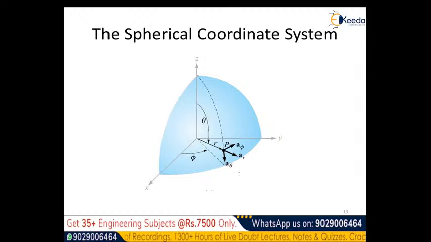And for phi, you can measure the angle in this particular fashion. It will make 360 degrees in the horizontal plane, that can be the xy plane if you talk about the rectangular coordinate system here.